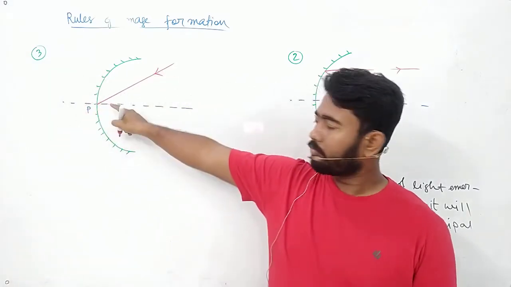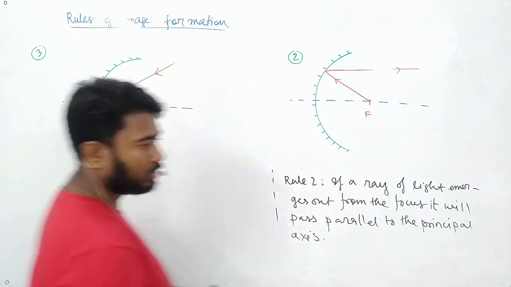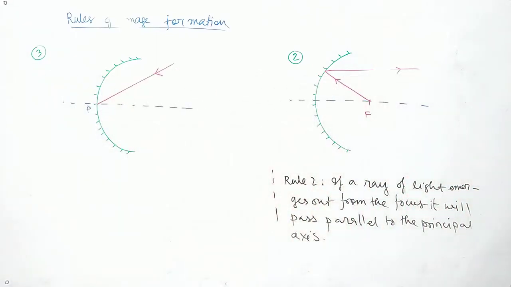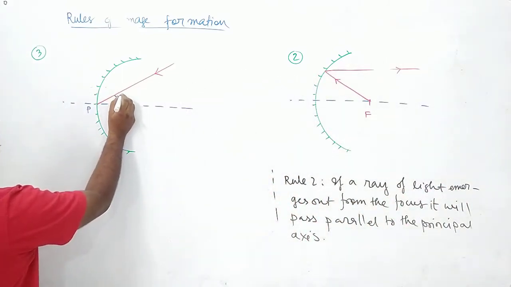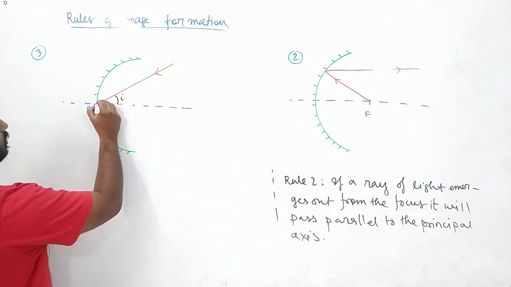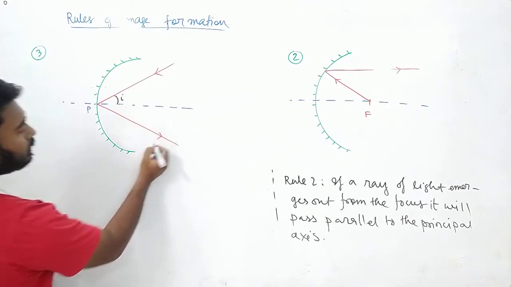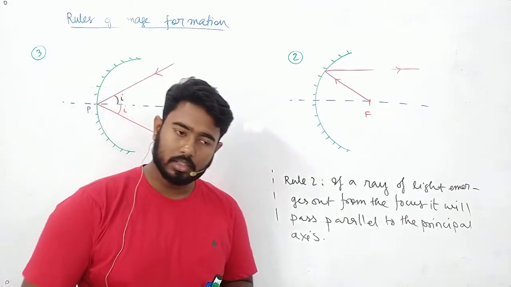If the ray of light comes and falls on the pole, this will be the angle of incidence, right? It will pass making the same angle with the principal axis, right?